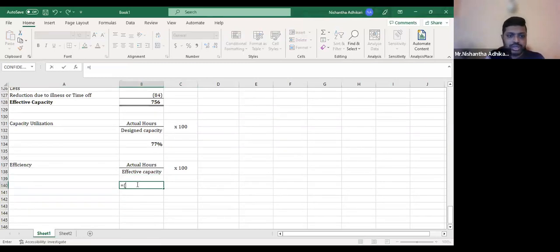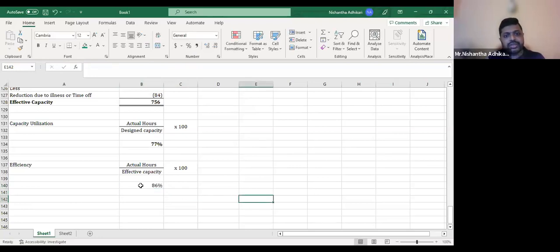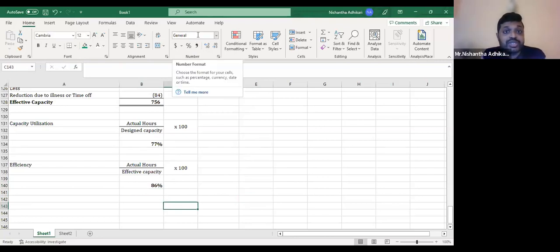Actual hours built are 650, and 756 is the effective capacity. As a percent, it is 86%. You have calculated the capacity utilization and the efficiency.